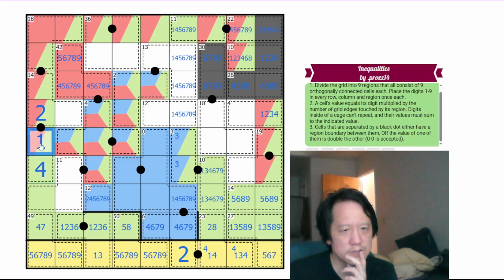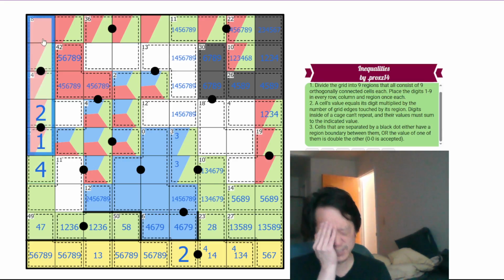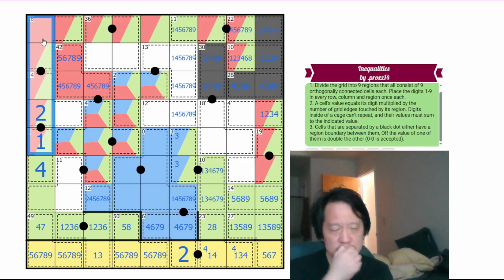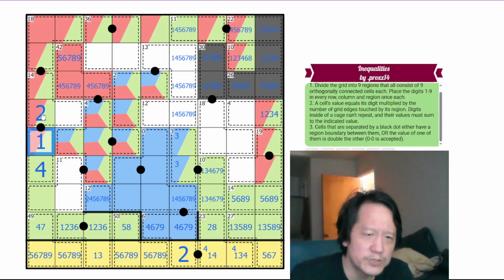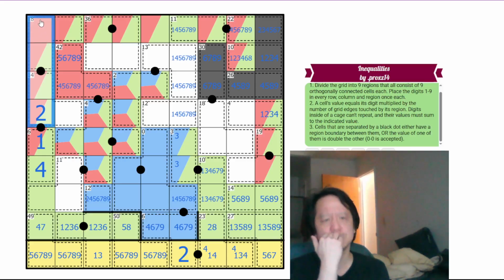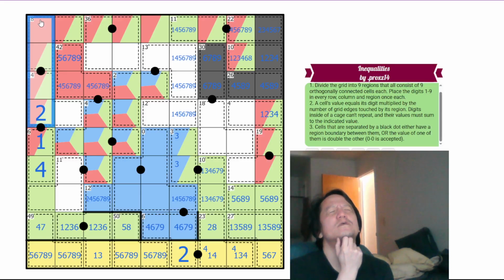What is this? 1, 2, 3, 5, 6. So this is 2, 3, 5, 6. That is already 32. 2, 3, 5, 6 adds up. 2 and 6 is 8. 3 and 5 is 8.